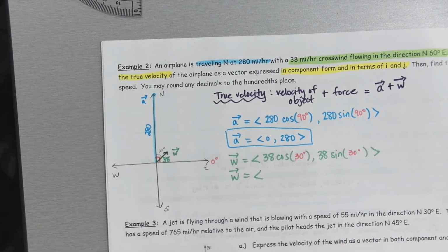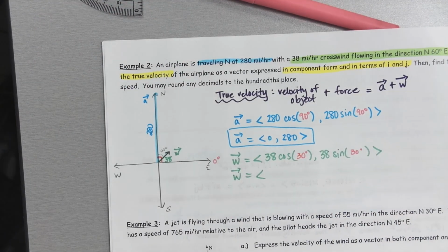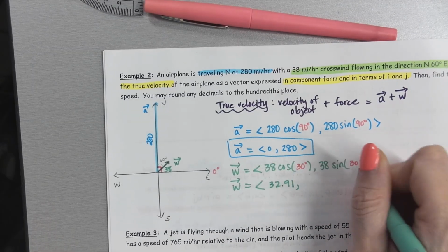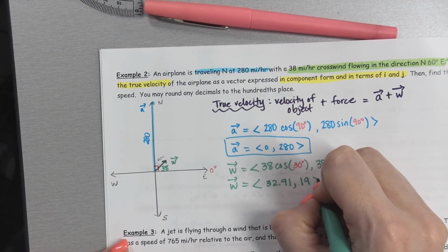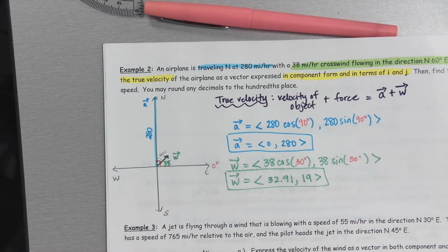So for 30 degrees, you'll have a decimal because it's root 3 over 2. So you get 32.91. And then the sine of 30 is a half. So what's half of 38? 19. And is that what we got?